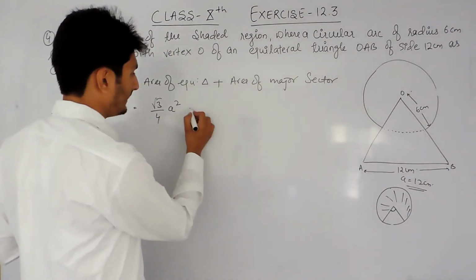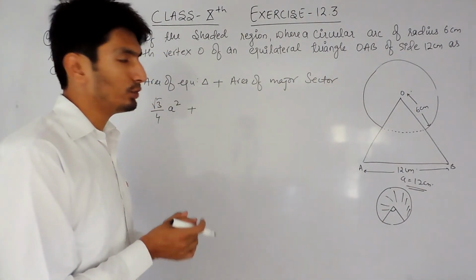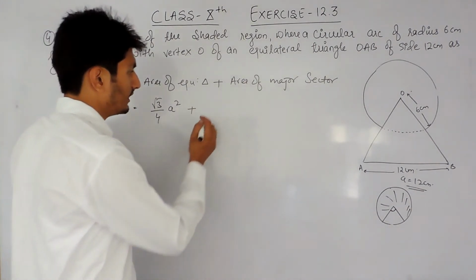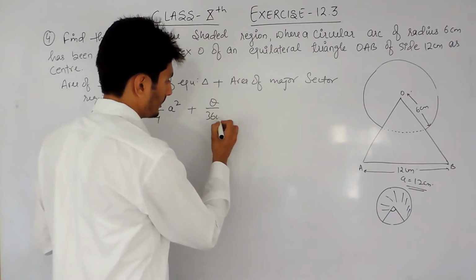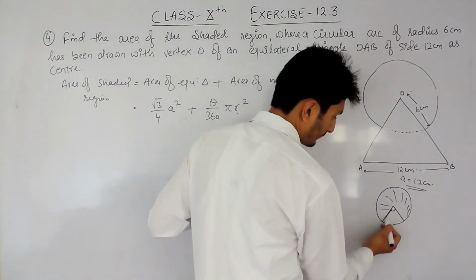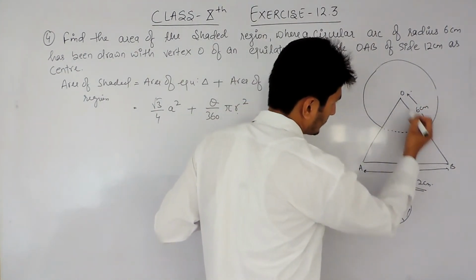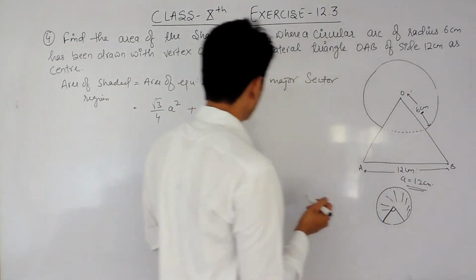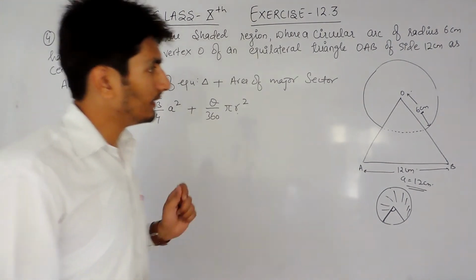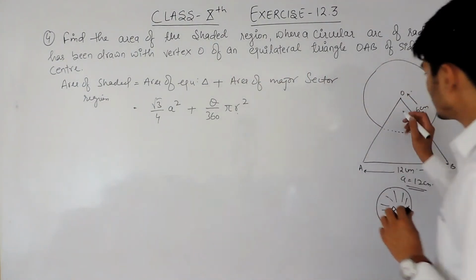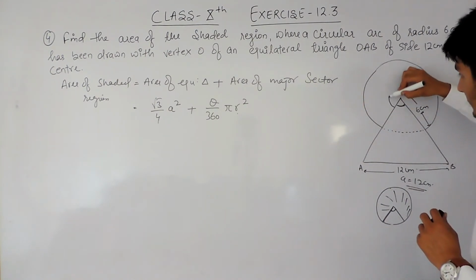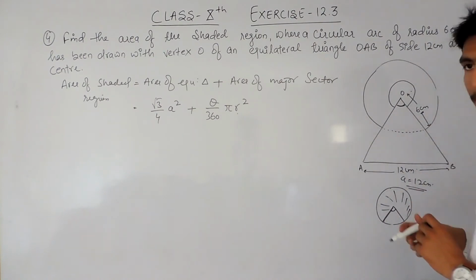Now I have to find the area of the major sector. Obviously I have to use the same formula which we use to find the area of a sector, which is theta by 360 pi r square. The radius is the radius of the circle, given to us as 6 cm, but the only difference will be of theta. In the minor sector we consider this theta, but in the major sector we will consider this theta.